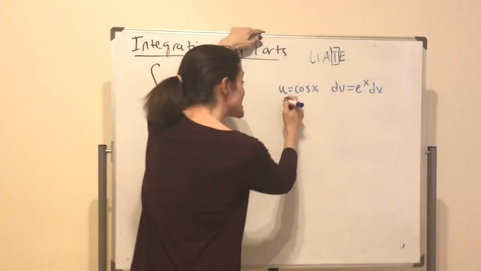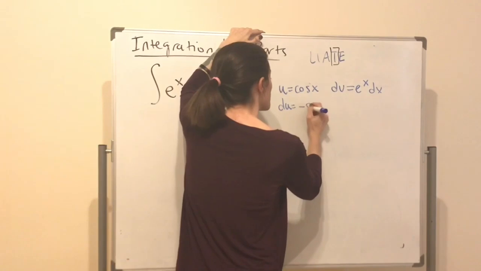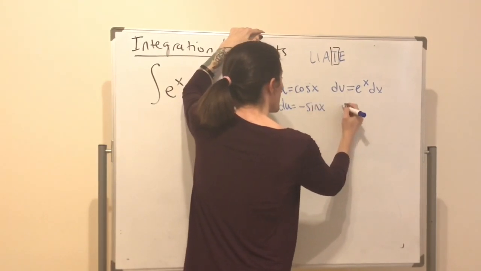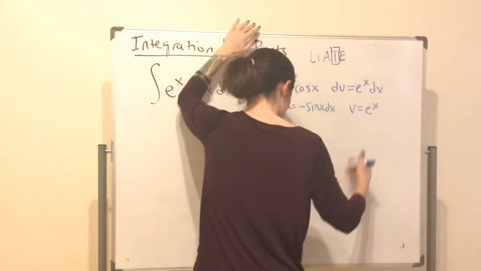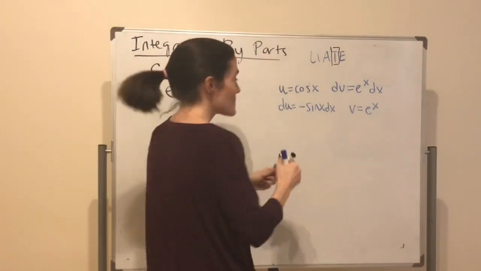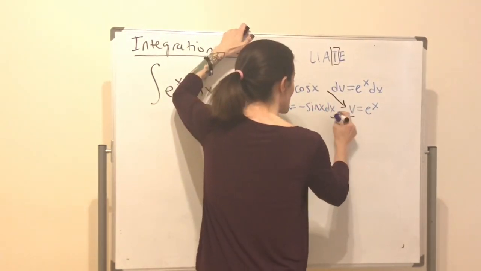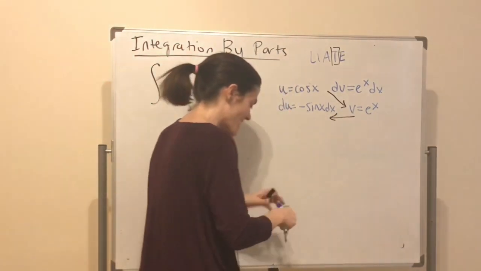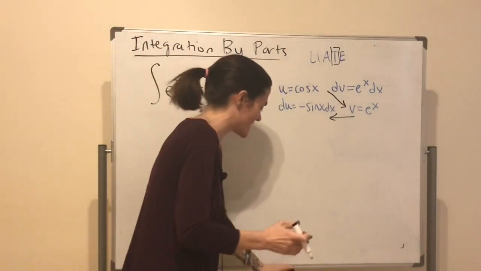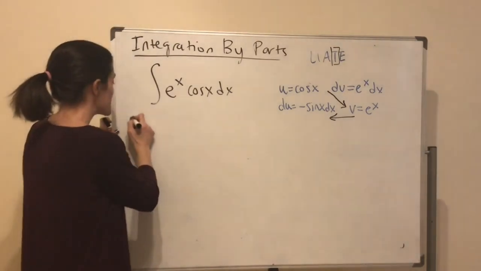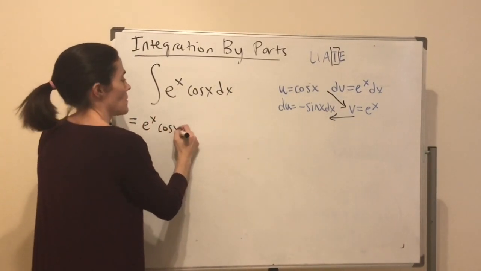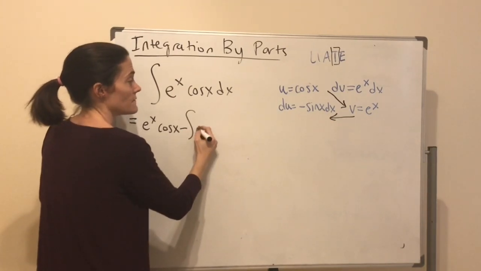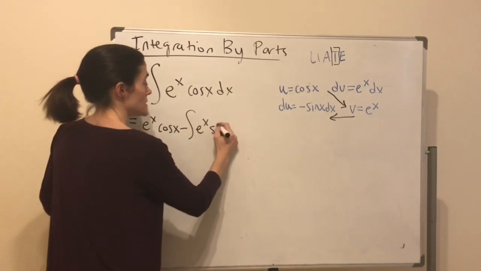Okay, then we differentiate: du is negative sine x dx, can't forget that. v is just e to the x, and then uv minus the integral of v du. Here we go. So this equals uv minus the integral of v du.